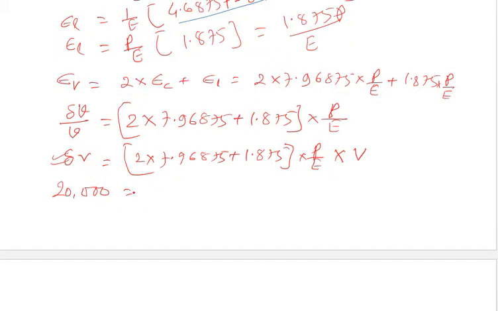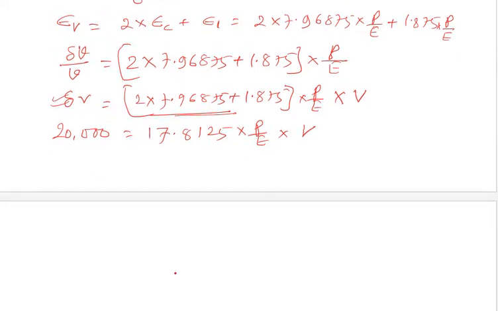So we will get 2 into 7.96875 plus 1.875 is equal to 17.8125. So value of this expression is 17.8125 into P by E into V.